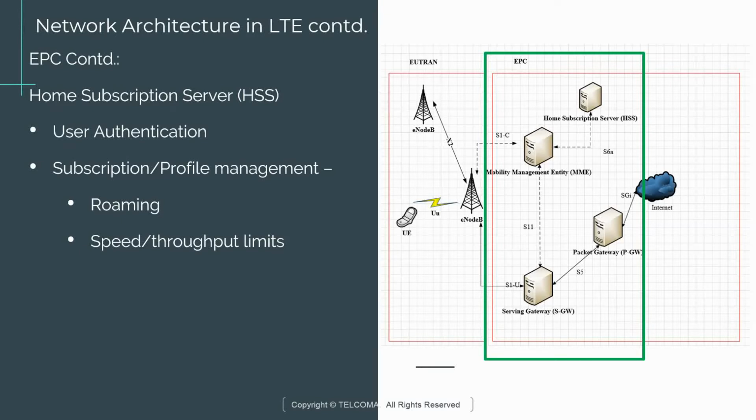So that kind of control would be defined in the HSS, in what is called a profile, where they can enable roaming for foreign networks. So that's the idea behind profile management.